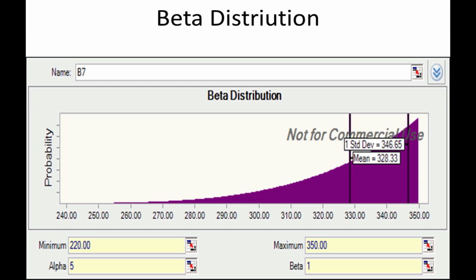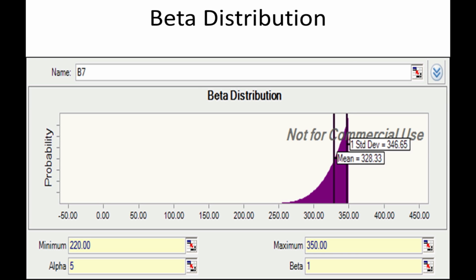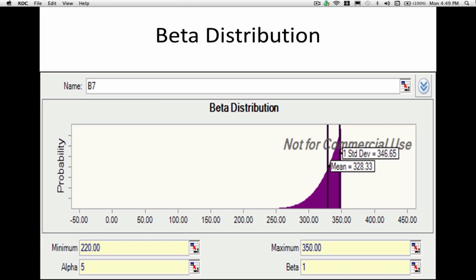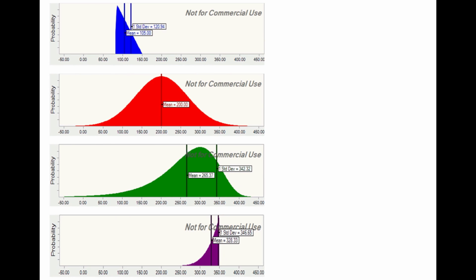The mean is 328.33 and the standard deviation about 18.3. On our entire range from -50 to 450, the beta distribution looks like this, such that overall the following situation arises.